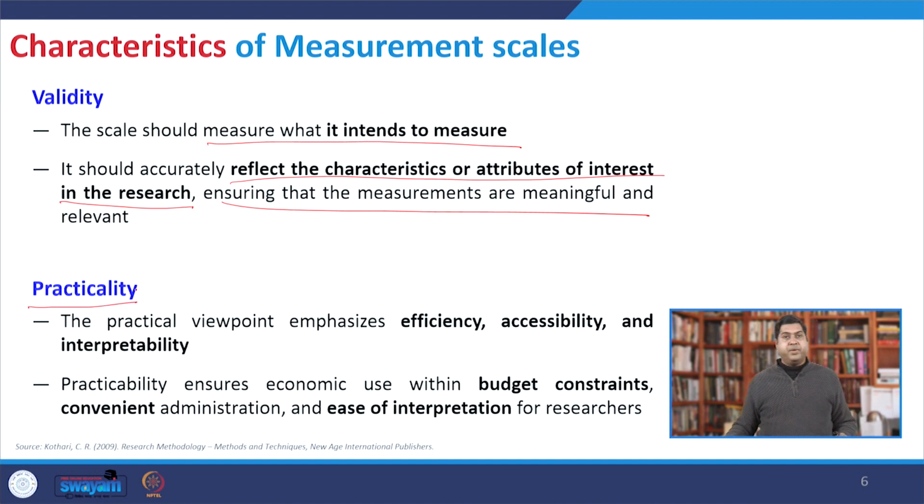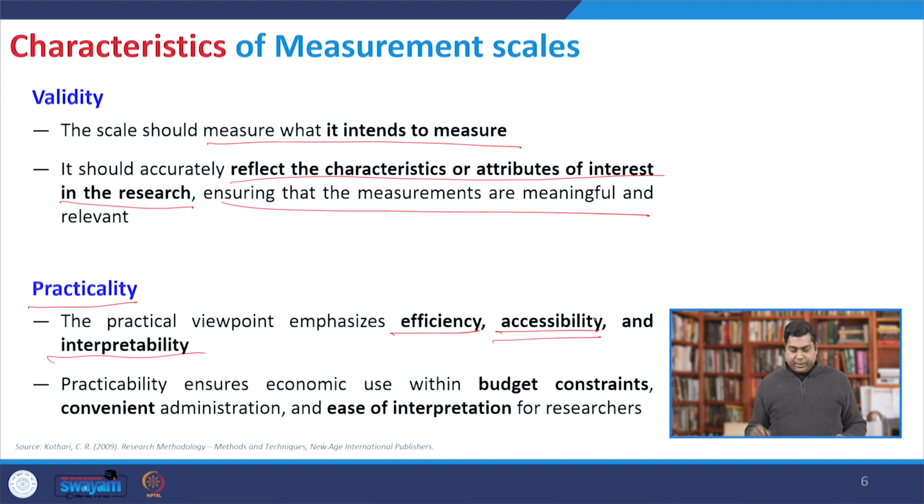Practicality of measurement scale. In this case definitely there are different viewpoints. One is efficiency, other is accessibility, and then interpretability. So, how efficient it is? It will depend on how easily you design the measurement scale, and how the respondent can perceive it, so that it is easy to convey, easy to understand, and we can reply accordingly.